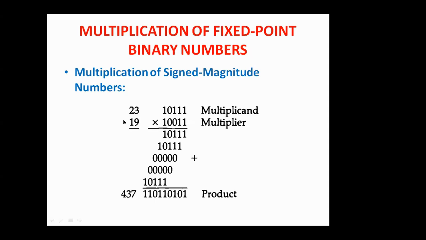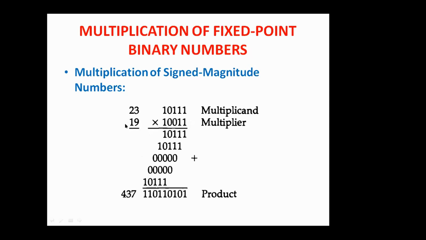And if we consider the sign also here, then we again have to do the same thing, the exclusive OR. If both are positive, the sign bit will be 0 for each. Exclusive OR of both bits will be again 0, so the answer will be positive. So the exclusive OR of both the signs will be the sign of the answer.